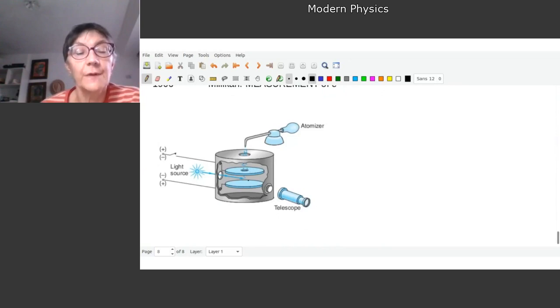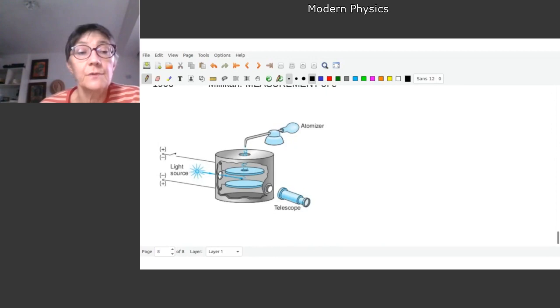inside this chamber, it will take some charges, elementary charges, but you don't have one or two. You don't know exactly how many you have. How do you know that this oil is charged?